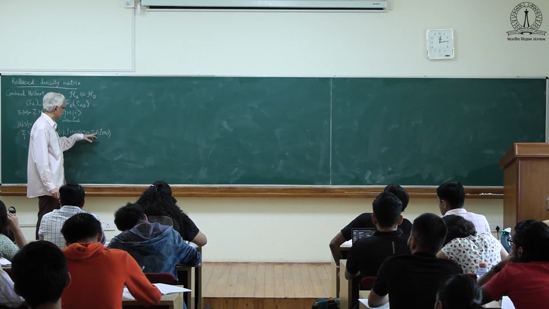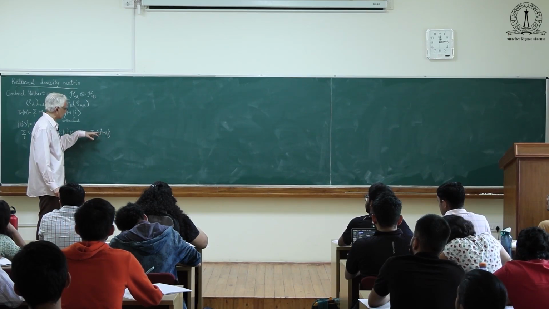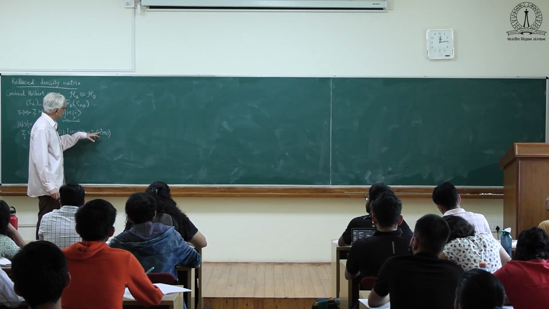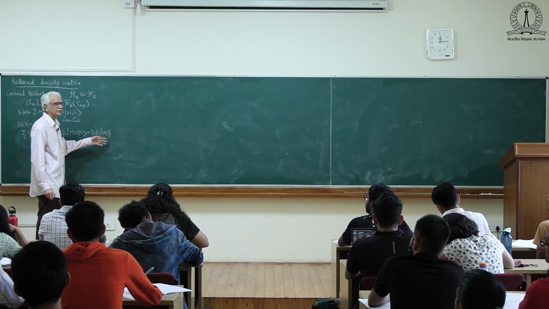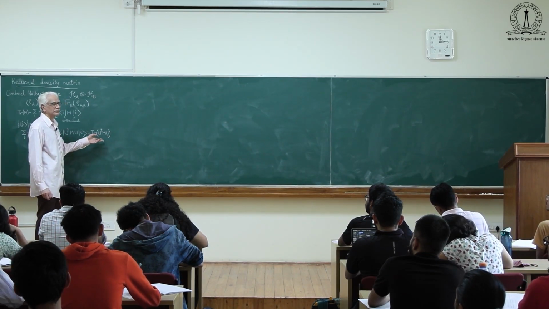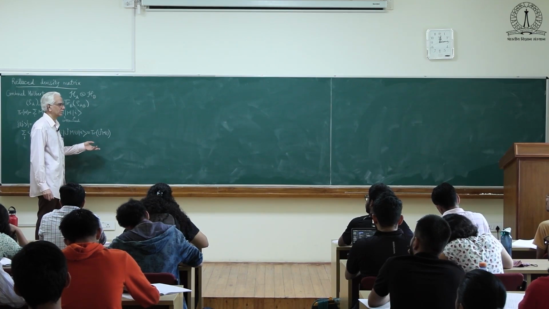So I can take the product here and permute it cyclically. I can take U dagger to the other side. U times U dagger becomes equal to identity. So this is equal to trace of M.